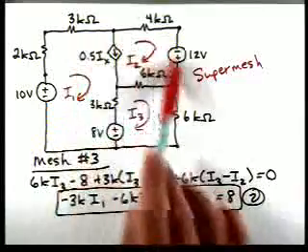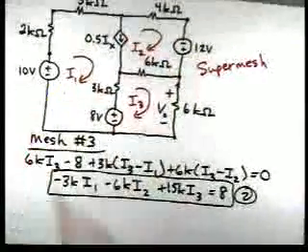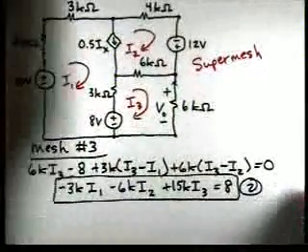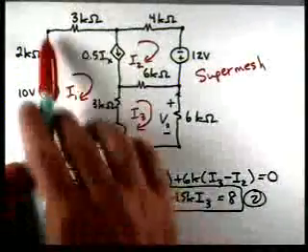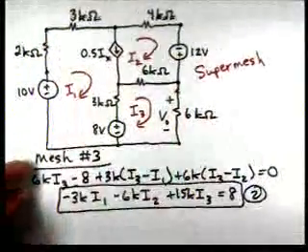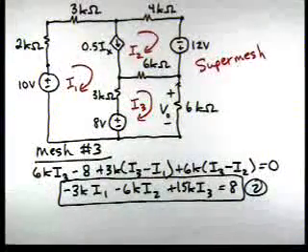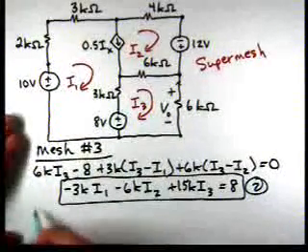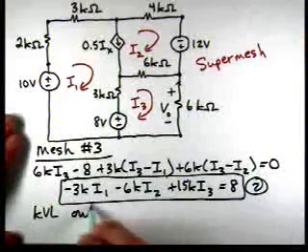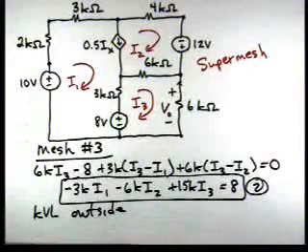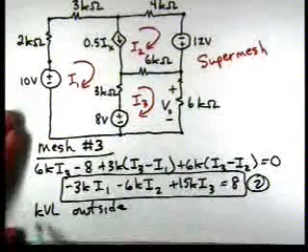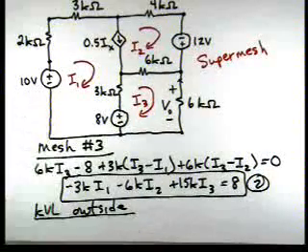One would be this one, and then the other one would be the outside. So let's apply KVL to the outside to get our third equation. Okay, so this is making use of the super mesh.